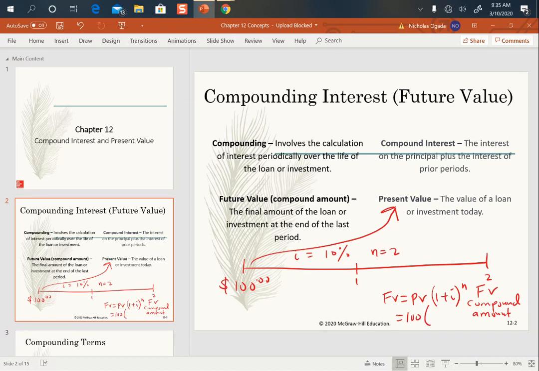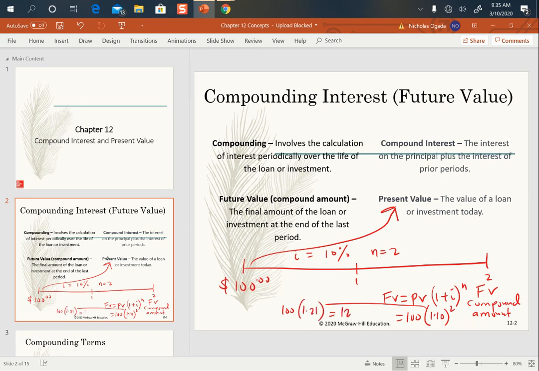So 1 plus 10% will be 1.10, raised to 2. Now, you know this very well, 1.1 raised to 2 will be 1.21. So this value is the same as saying $100 times 1.21, which is 121.